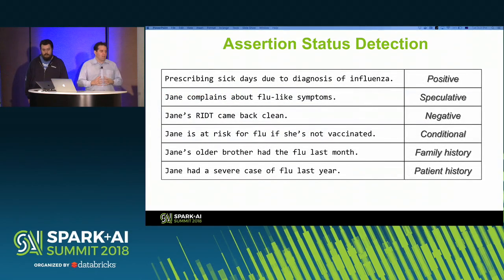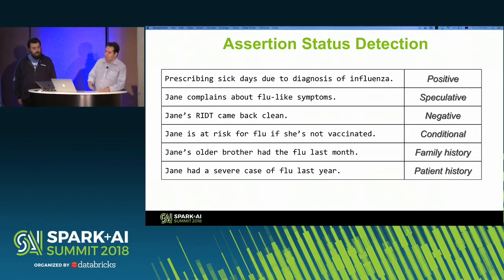The next task in the library, and there are actually two separate implementations of this, is assertion status detection. Assertion status detection is the grammatical task of understanding, when I'm making an assertion, what kind of assertion it is.